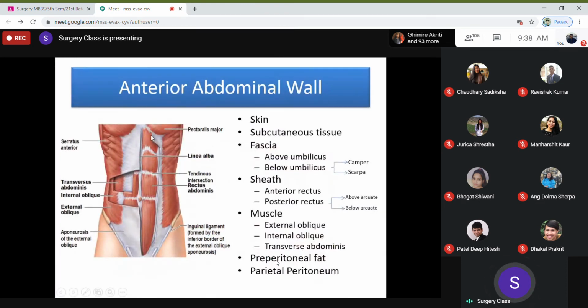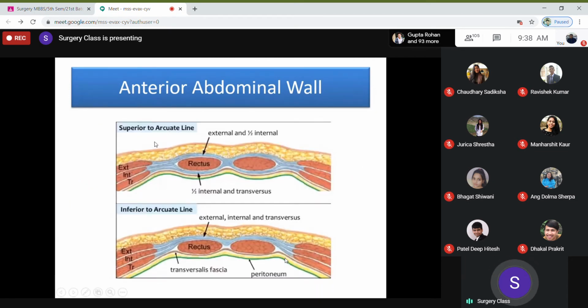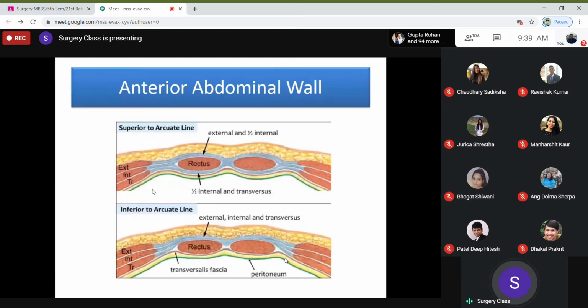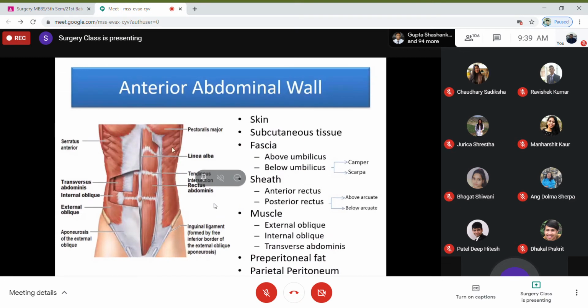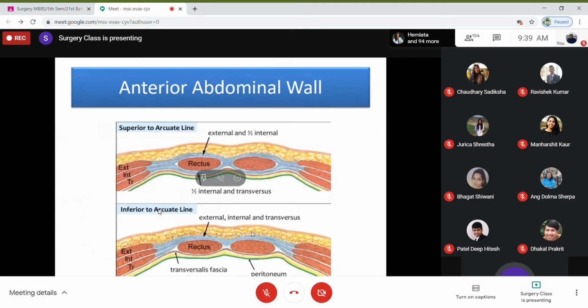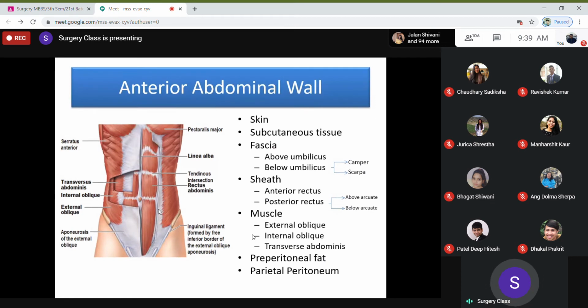So these are the packs, which you can see when somebody has a good body figure. Laterally, you have the tendinous portions of the external oblique, internal oblique, and fascia transversalis. So this is what the anterior abdomen looks like.